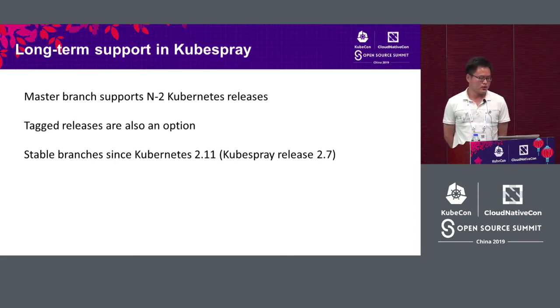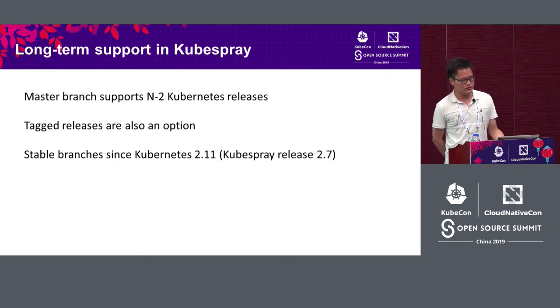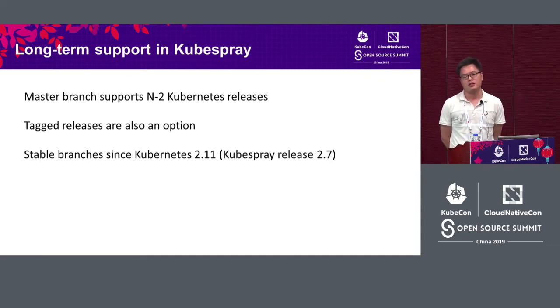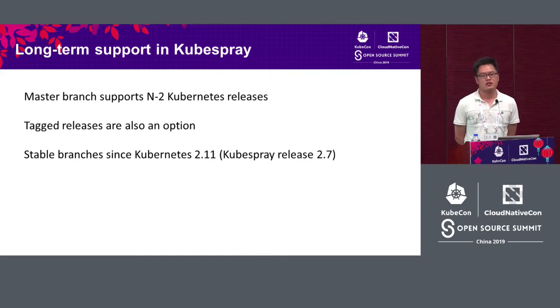Then for Kubespray releases, we support it like this. From 2.0, in the past we only had the master branch. We only maintained the master branch. The other branches, well, they were not that stable.